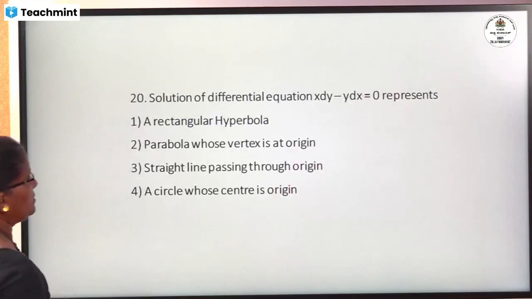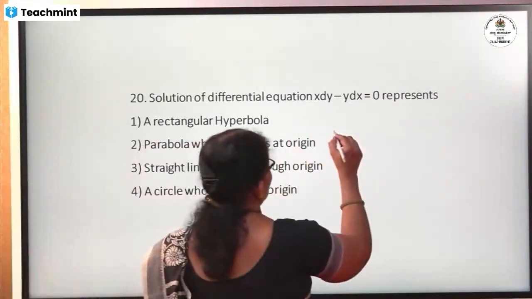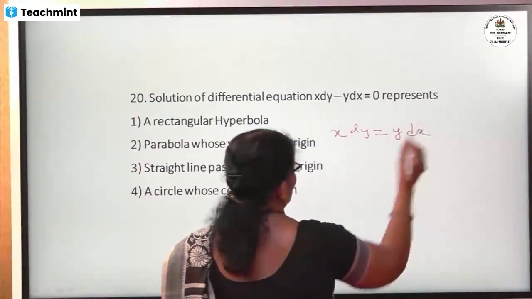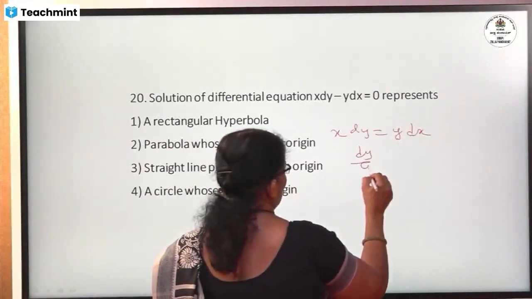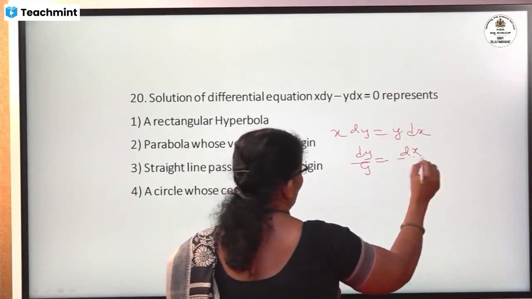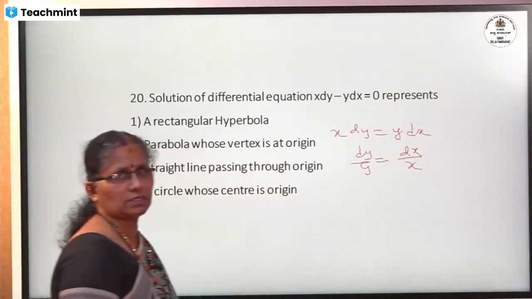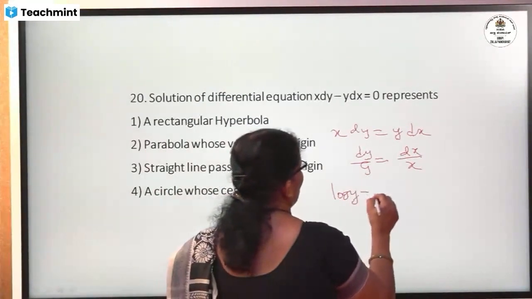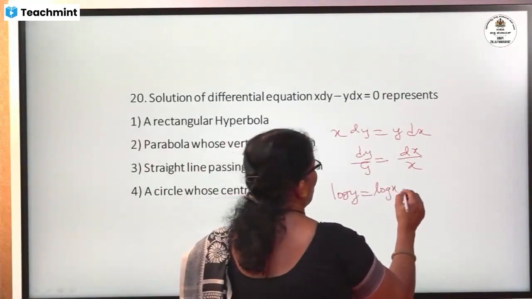Next question. Solution of x dy equal to y dx. This gives you dy by y is equal to dx by x. What is the integral of dy by y? Log y is equal to log x.